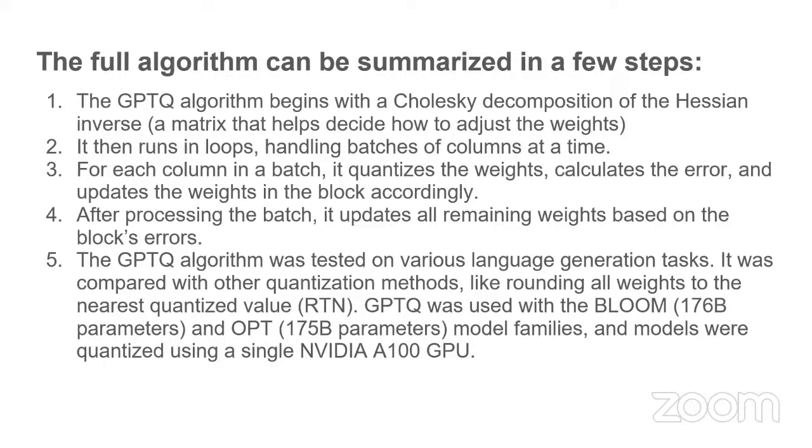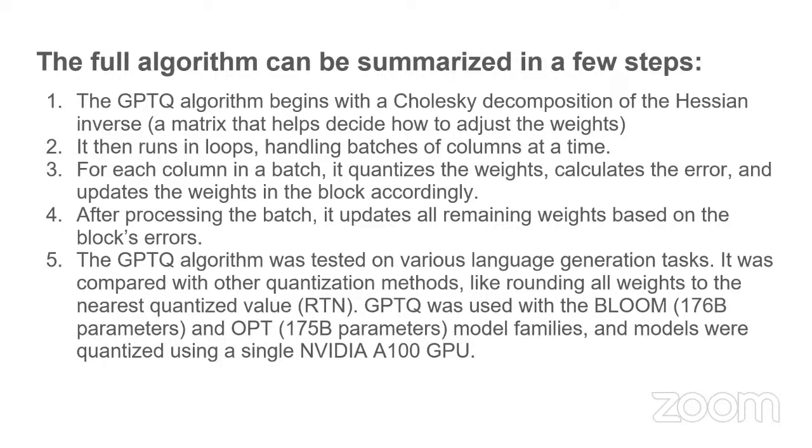The GPTQ algorithm was tested on various language generation tasks. It was compared with other quantization methods like rounding all weights to the nearest quantized value, that is RTN, round-to-nearest. Okay.